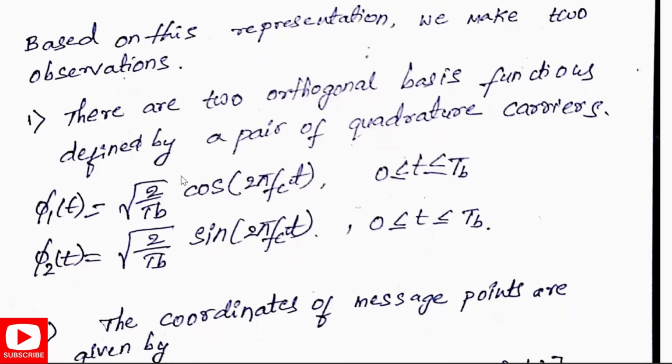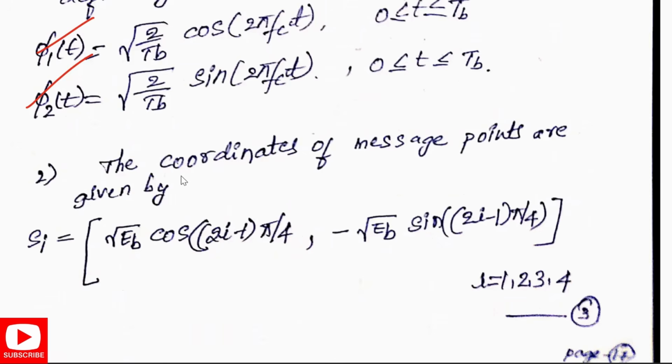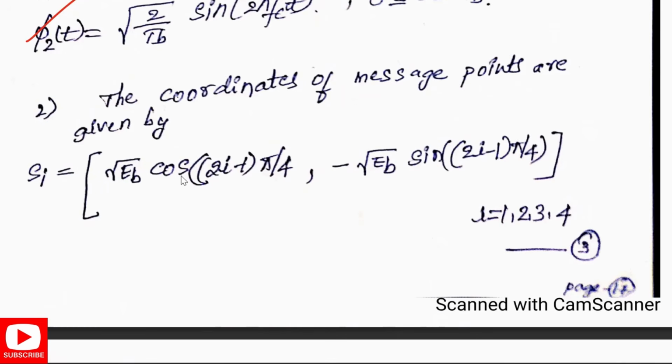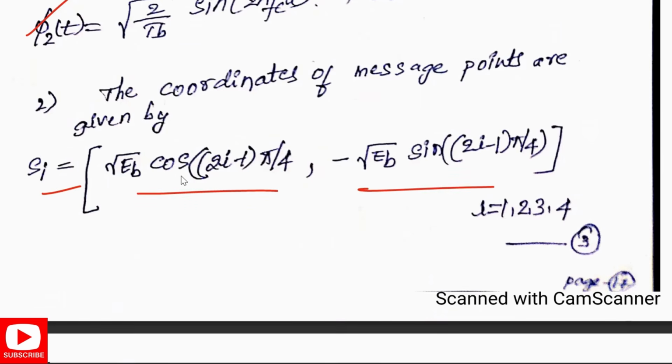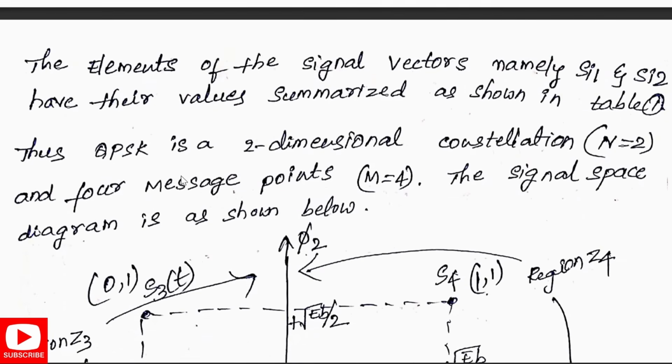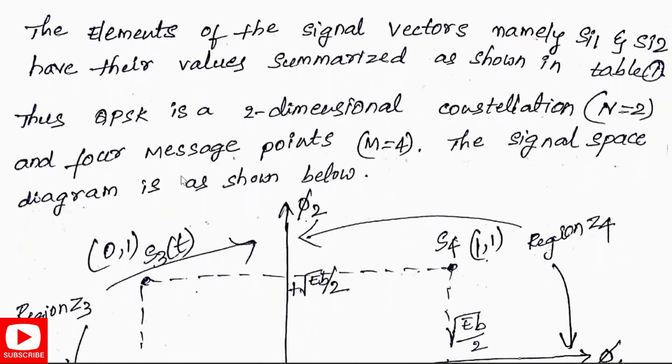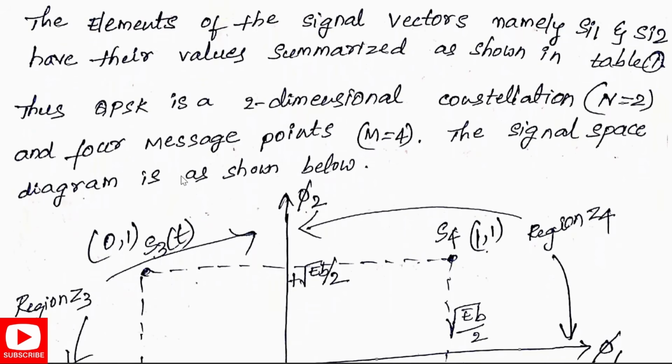One is that there are two orthogonal basis functions defined by a pair of quadrature carriers, phi1 of t and phi2 of t, the same way as we did for the BPSK. And the coordinates of the message point are given by one cos function and another sine function. The elements of the signal vector, Si1 and Si2, are summarized in the table below.